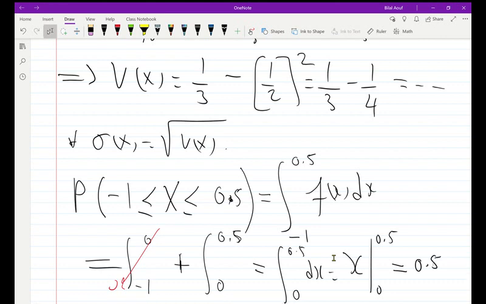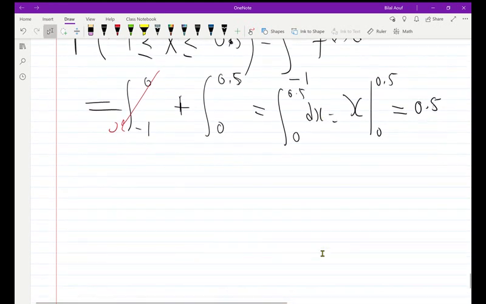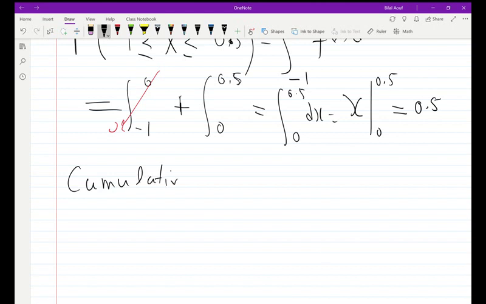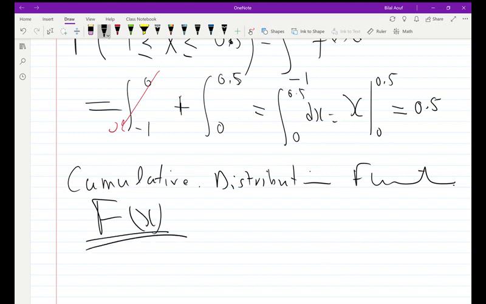In the next video, I will explain how to find the cumulative distribution function, F(x), which makes the calculation of a probability easier.